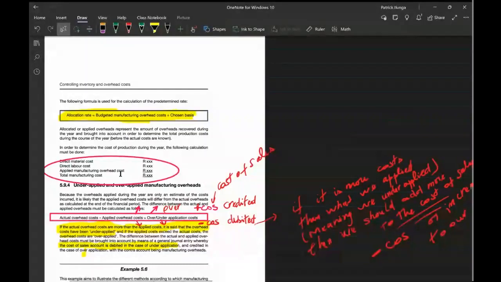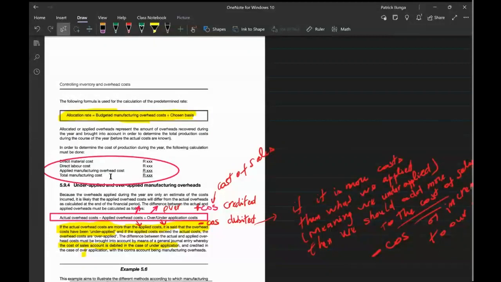That gives you the total manufacturing cost. In other words, you have the direct and then you have the indirect. The overhead is your indirect cost. And your direct cost plus your indirect cost gives you your total cost.